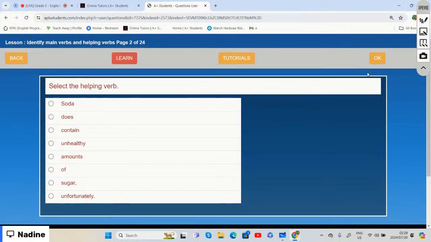All right. The next one says soda does contain unhealthy elements of sugar, unfortunately.